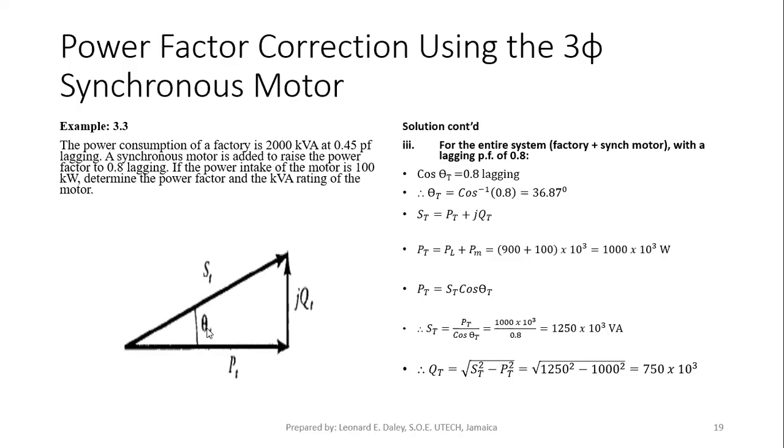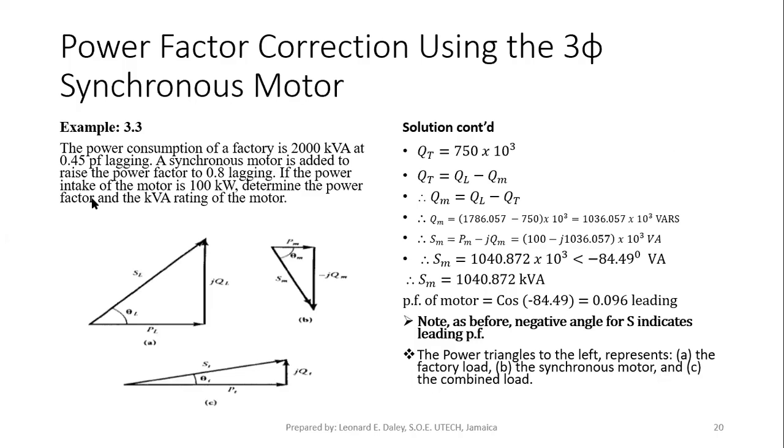As I said before, you could have used tan of this angle being equal to QT over PT to find what QT is. That's another way of working it out. I think that was the way we taught it when we were doing the capacitor power factor correction using the capacitors. So QT works out to be 750 kilovars.